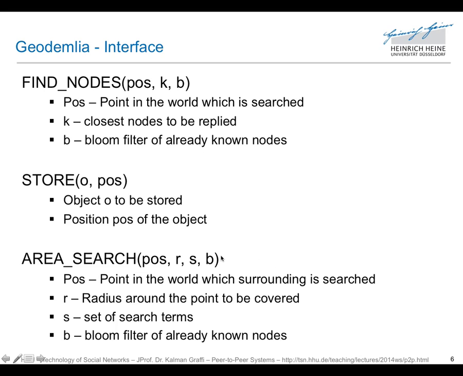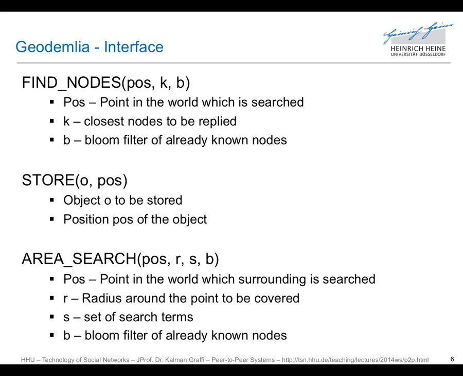And again, these nodes I know, so please don't tell me about them. So you have both: find the closest k nodes to a position, and find objects in this area that I specify by position and radius, which have a specific set of terms. Like, I don't know, restaurant, Mensa, something like this.